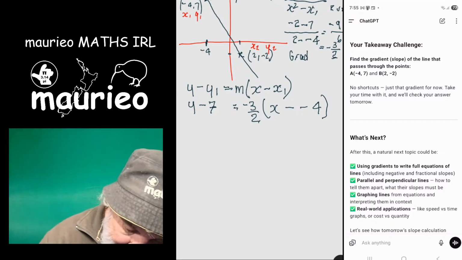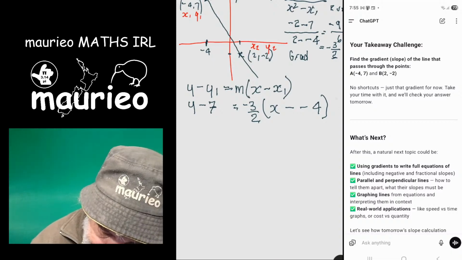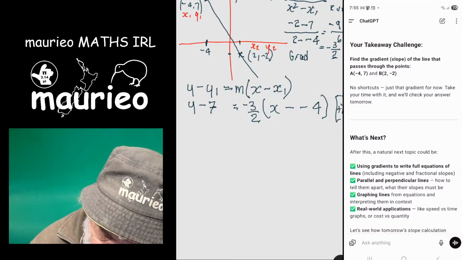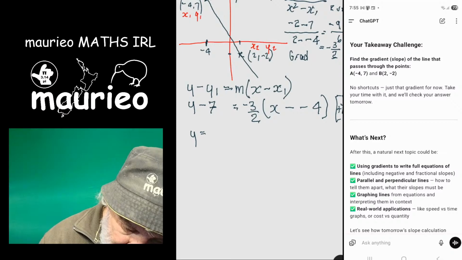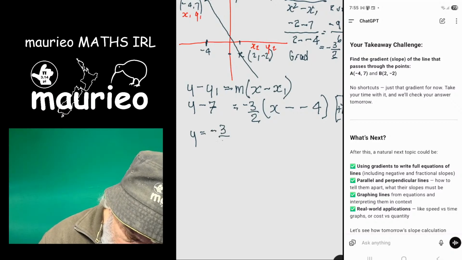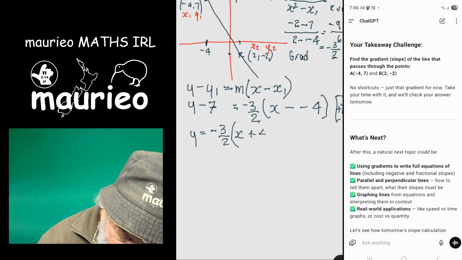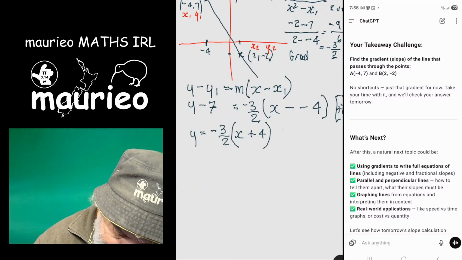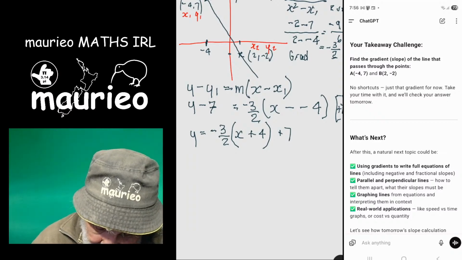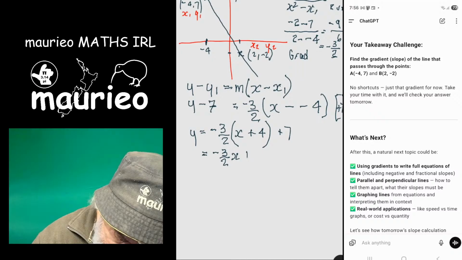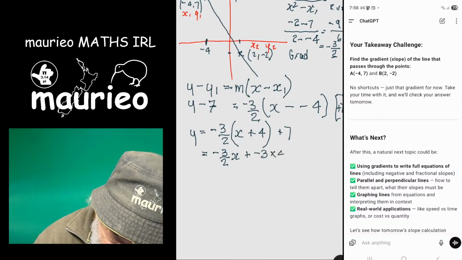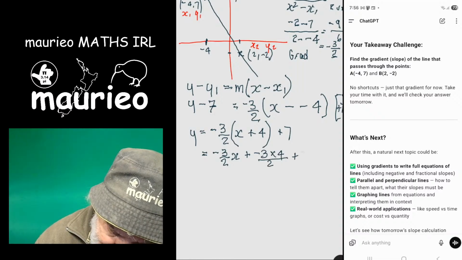Okay. Right, so now I'm going to add 7 straight away. I know to do that because that'll get that y on its own. So then we get y equals -3 over 2 x, and that'll be +4, and then that will be +7. Right, now we work that out, and that is going to equal negative 3 over 2x plus negative 3 times 4 over 2 plus 7.